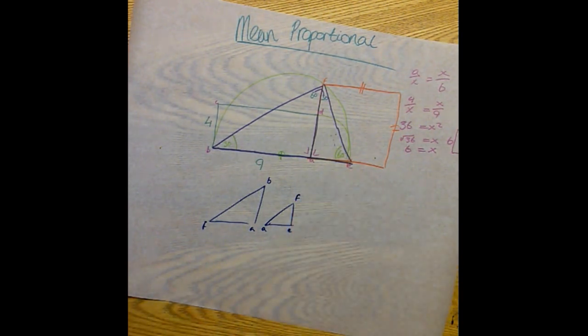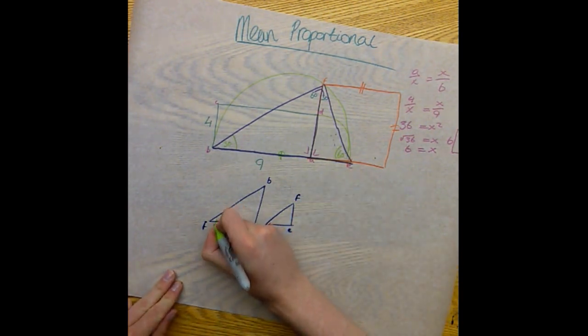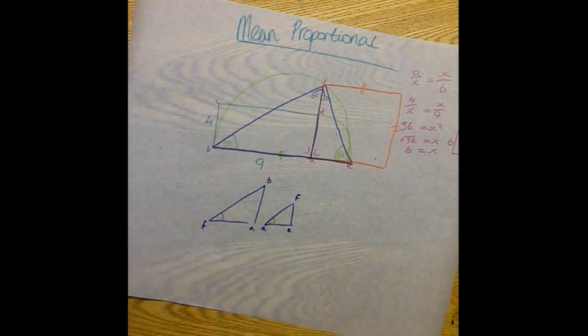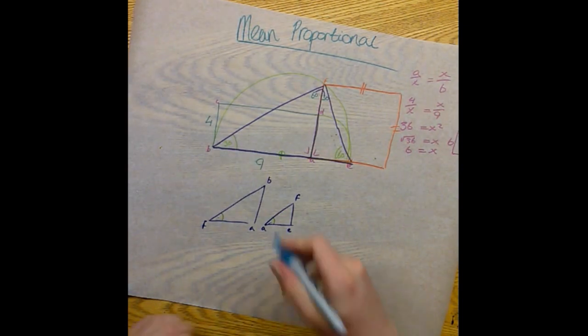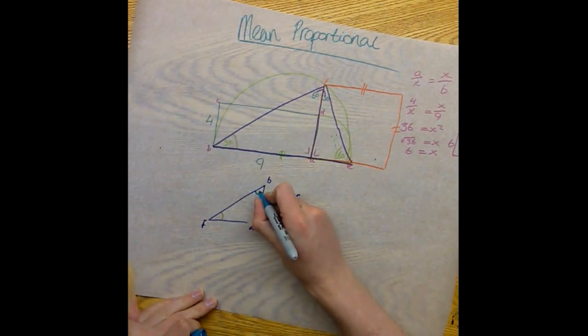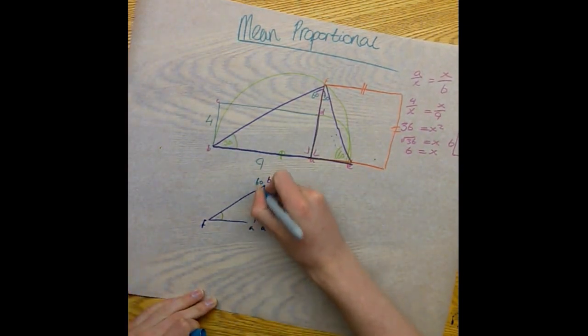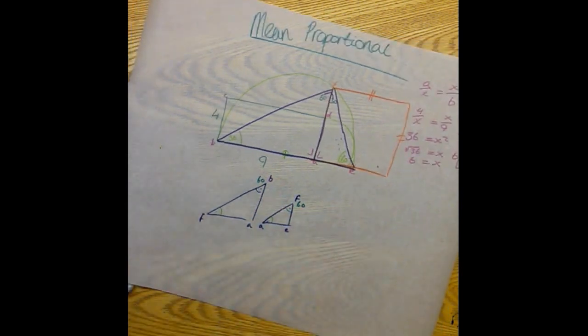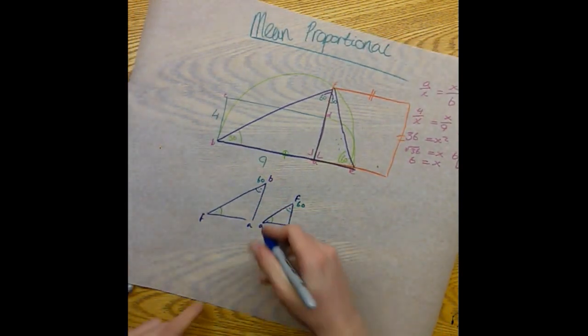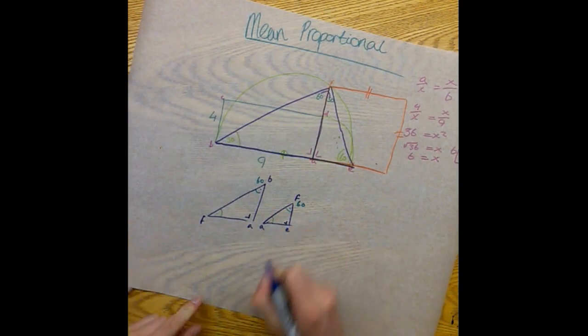We have our angle down here being 30, that would be equal. We would have our angle up here, 60, that would be equal. And our angles down here, 90, would be equal.